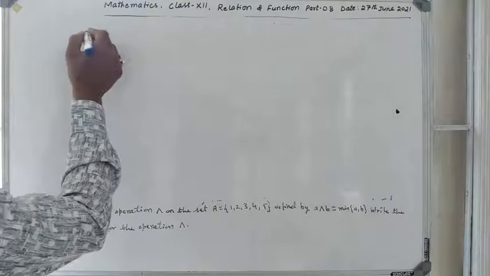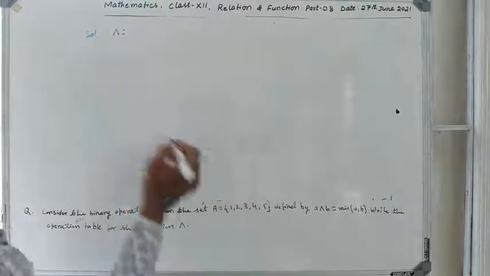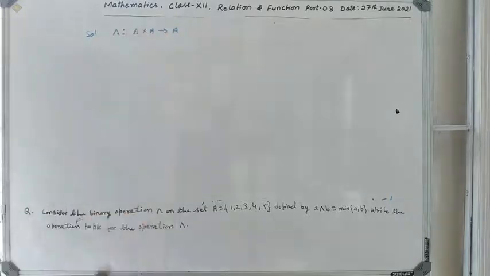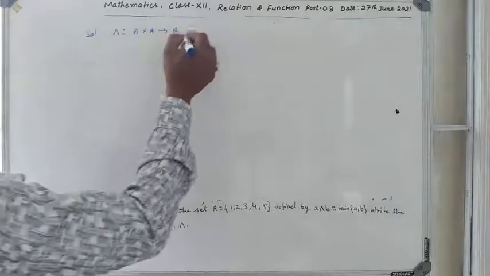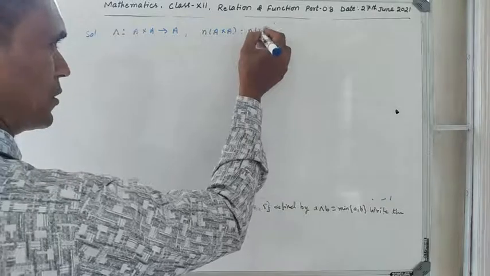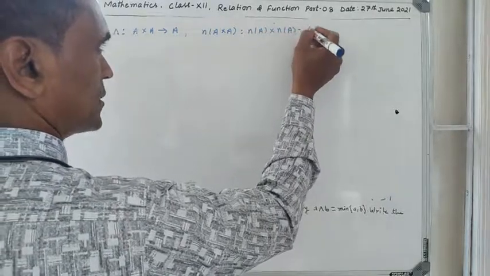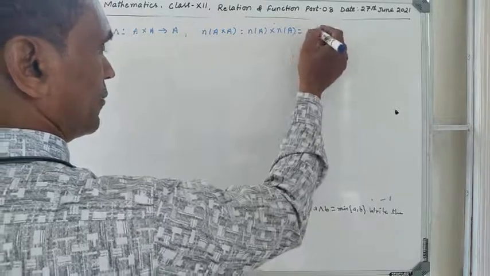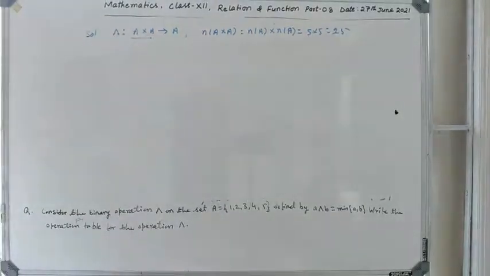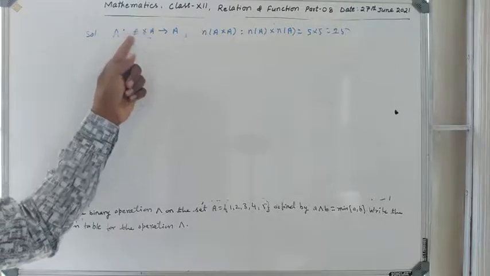So this is a function from A cross A to A. The number of elements in A cross A is equal to the number of elements in A times the number of elements in A. So that is 5 into 5, that is 25. So this has 25 elements. We have to write all the images of these elements.